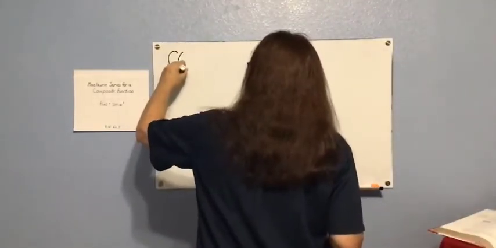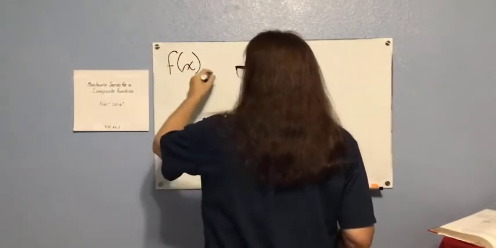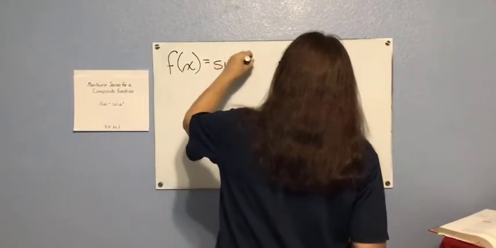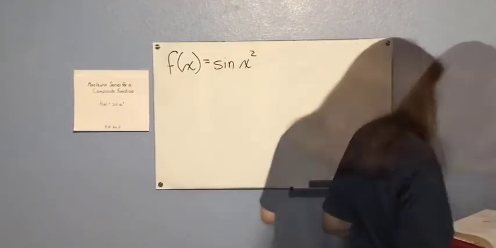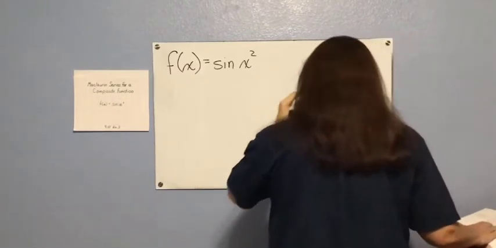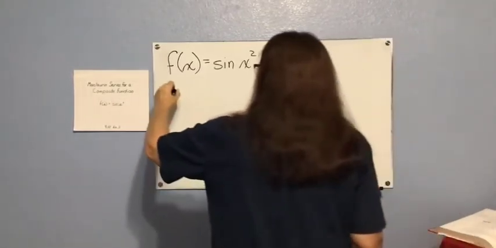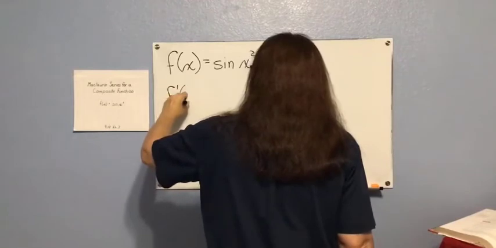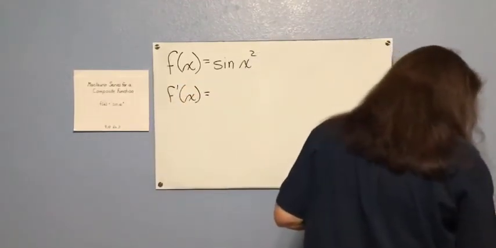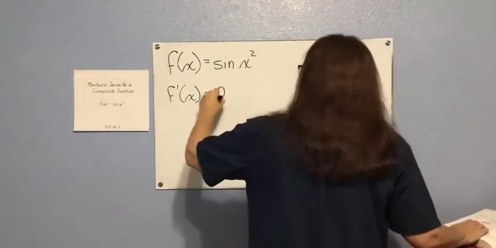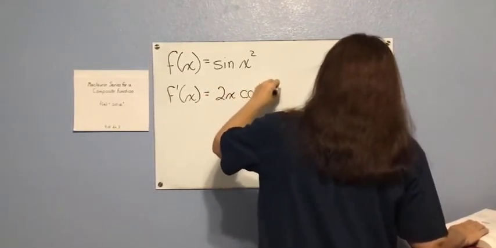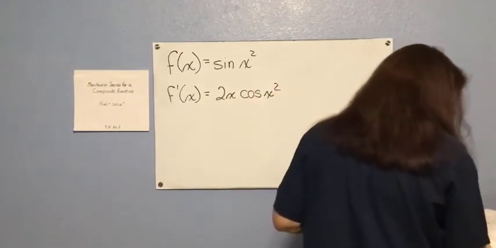So this time we're going to use a composite function, sine of x squared. Okay, so to find the coefficients, we have to do some derivatives. So the first derivative of this is equal to 2x cosine x squared.